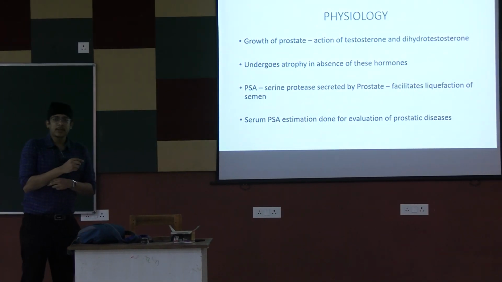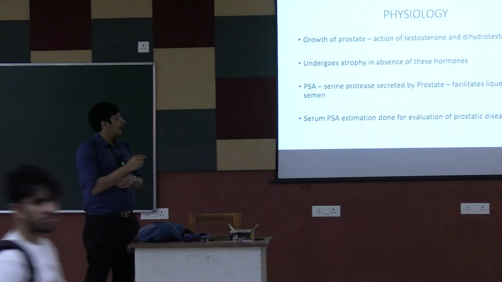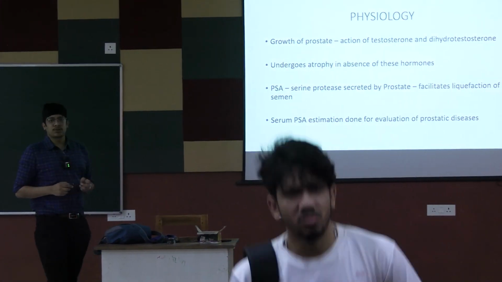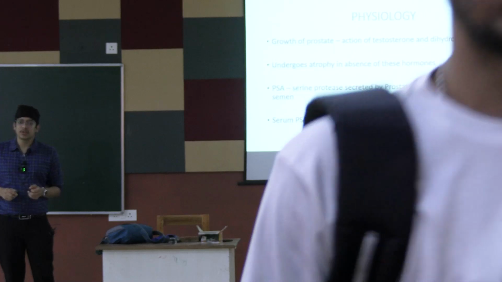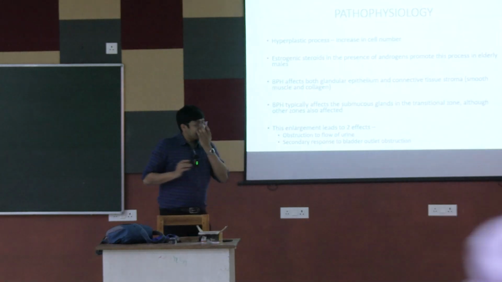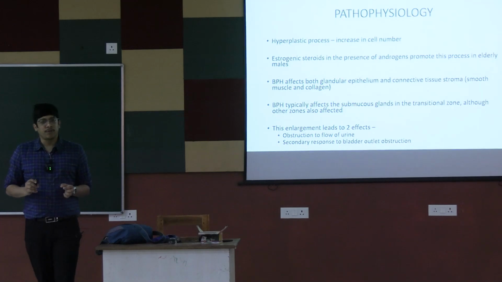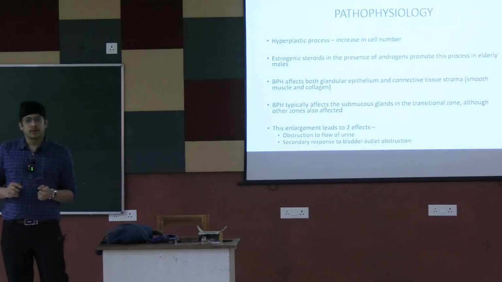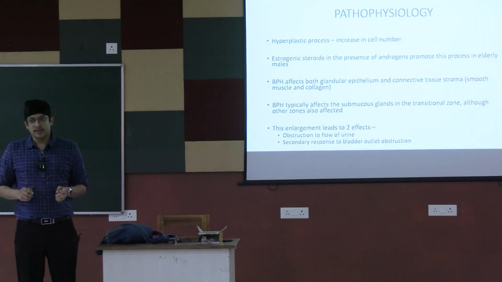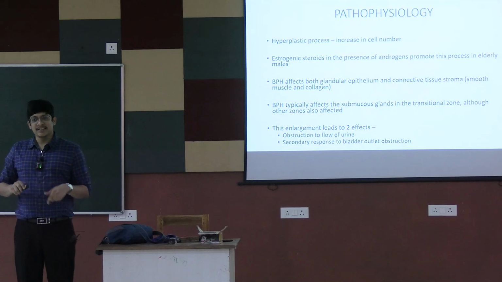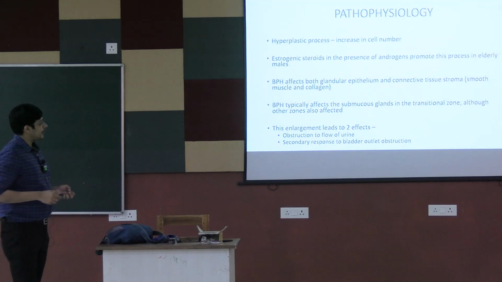It happens by the action of testosterone and dihydrotestosterone. That means it is an androgen driven process. Can you tell me what is the difference between hyperplasia and hypertrophy? Yes, and hypertrophy is increase in size.